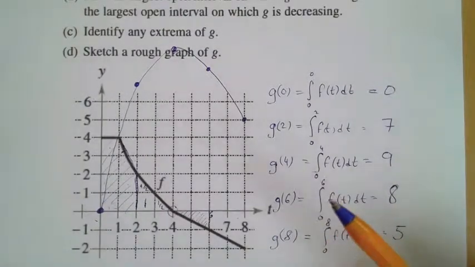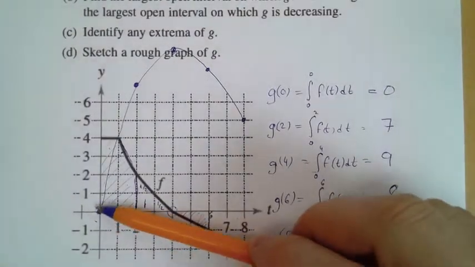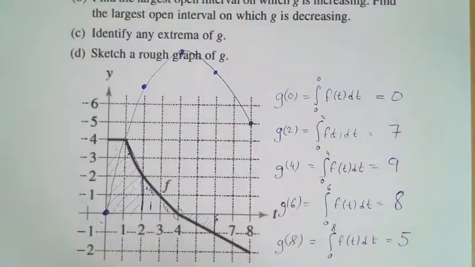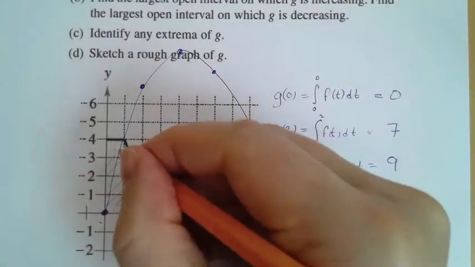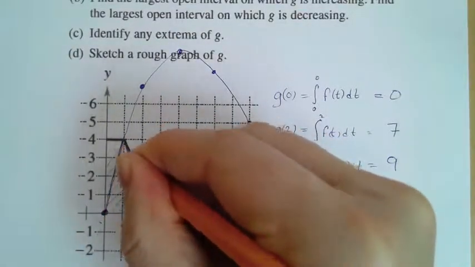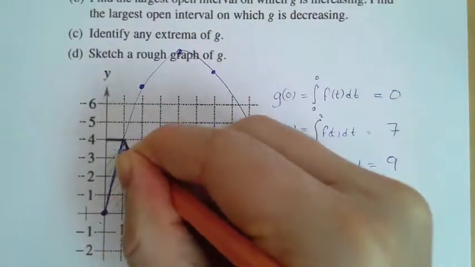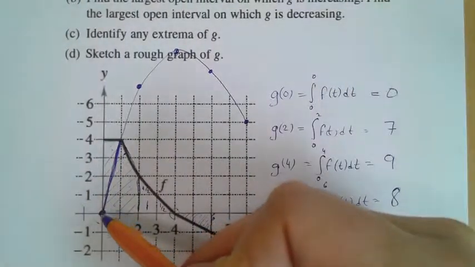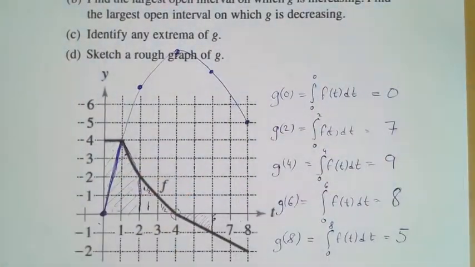But in any case, it's not just one parabola, it's a piece, a piece, a piece, like that. And the first one here is actually a straight line because we're integrating a constant, so it's going to rise like a straight line.